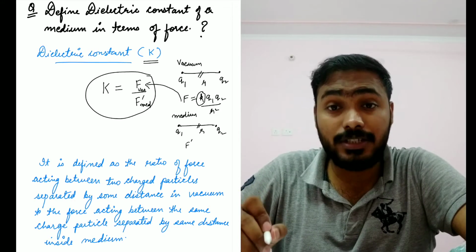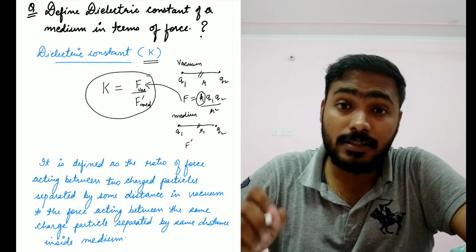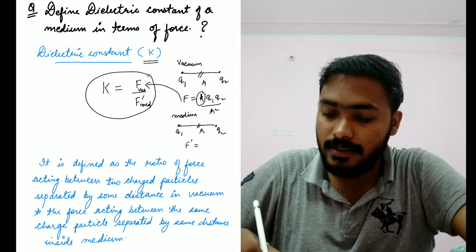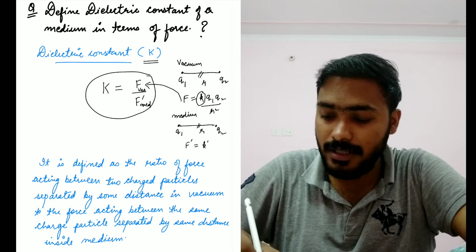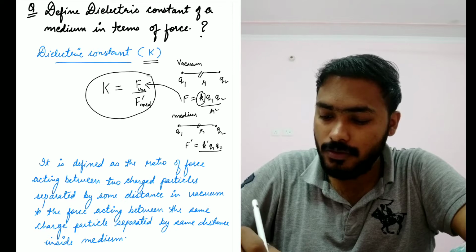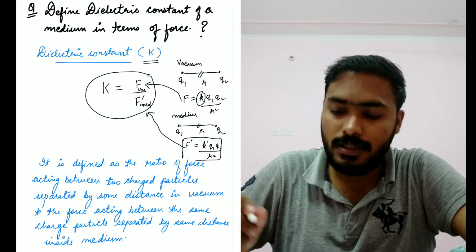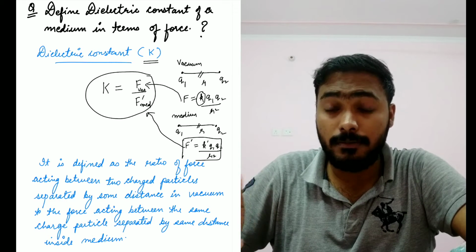The moment you change the medium, the force of interaction also changes. This time a different force of interaction will be there, and instead of K you can write K dash, Q1 Q2 upon R square.